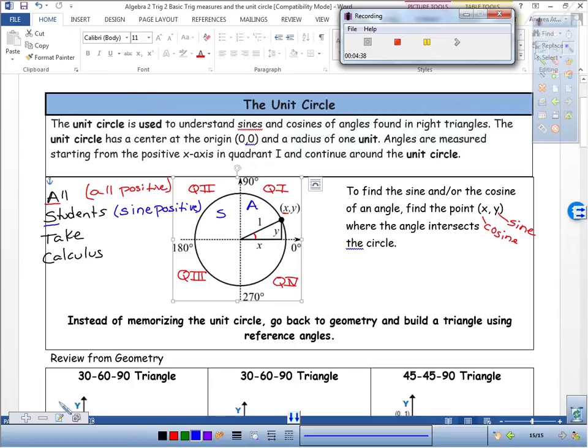Tangent and cosine are negative in quadrant 2. This is tangent is positive.